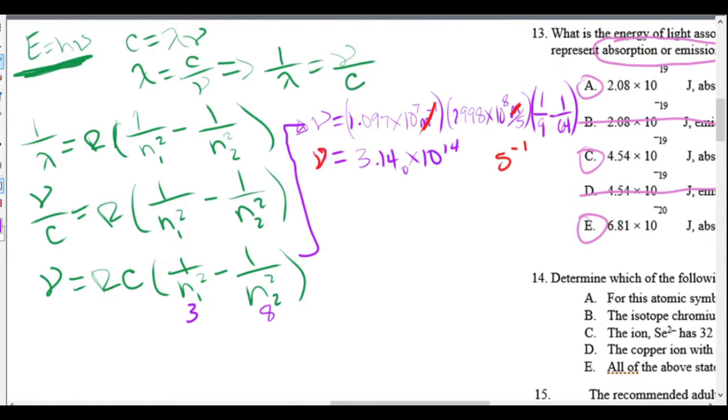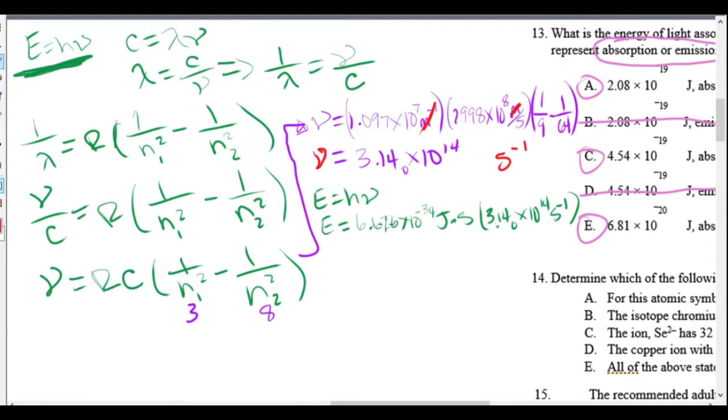And we're saying E equals h times nu. So E is going to equal 6.626 times 10 to the -34 joules times seconds, multiplied by this number up here, 3.140 times 10 to the 14th seconds to the -1.